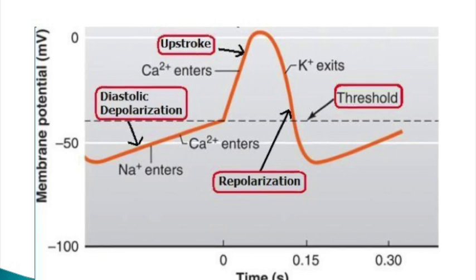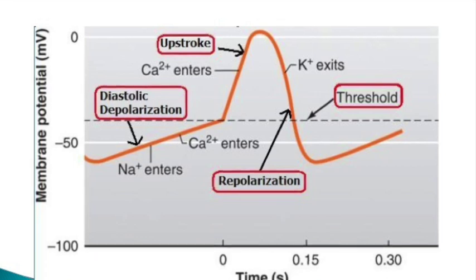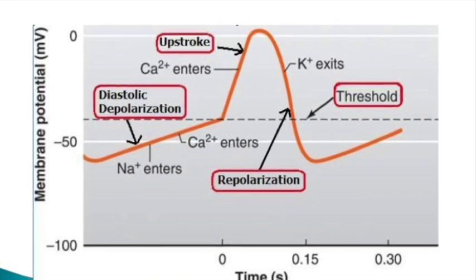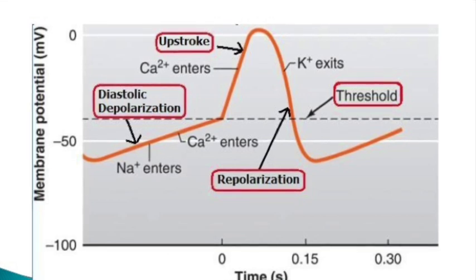Then an action potential develops, showing an upstroke. On reaching its peak, it will go down to show repolarization and return back to the beginning point.